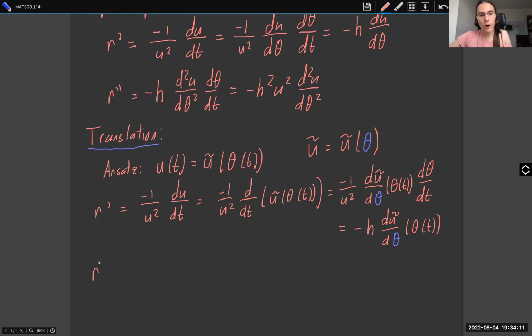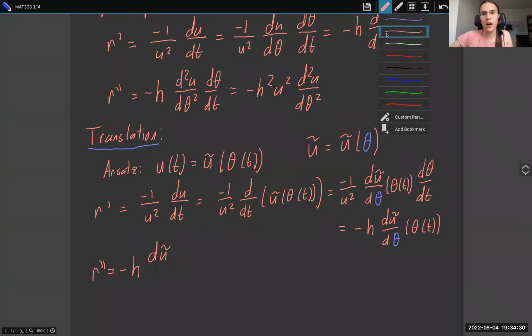Now, when we take r prime prime, what we're doing is that this is a function of time only with respect to this dependence. So by chain rule, we're going to differentiate this function again, but it's a composition of two functions. So it's going to be the second derivative of this function with respect to the blue theta, the variable theta.